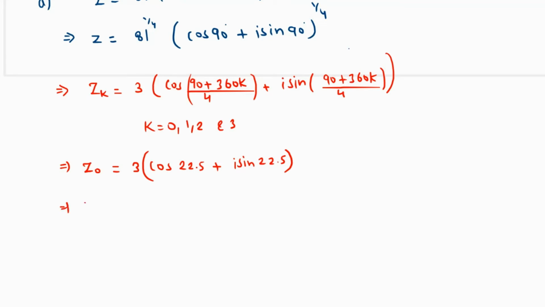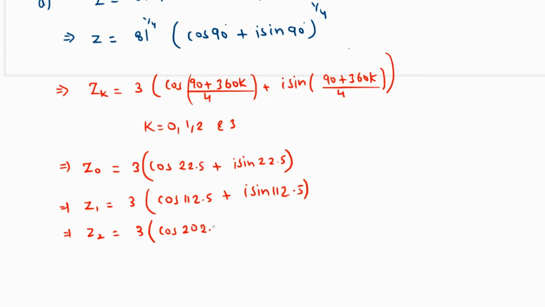If k is 1, then we just add 90 to it. So we have 112.5: cos of 112.5 plus i sine 112.5. If k is 2, then the value will be 3 times, we again add 90 to it, so it's 202.5: cos of 202.5 plus i sine 202.5.